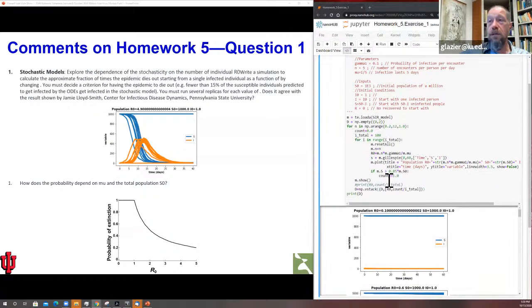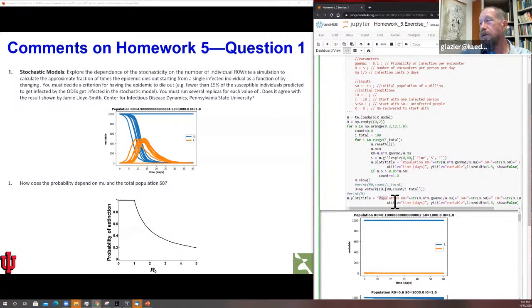And so now, people who need more time are welcome to keep working on this. But the last step of this exercise is plotting this instead of printing it. So I can comment out my print statement, and I can do an m dot plot here.